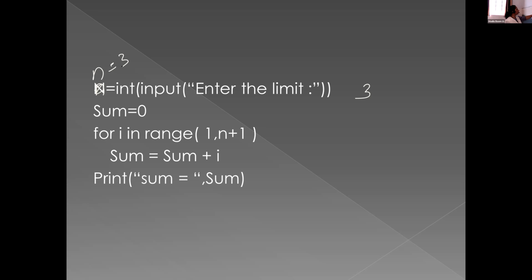After that, we are using the for loop: for I in range 1, n plus 1. If we are giving 3, then the starting value is 1. What is n plus 1?